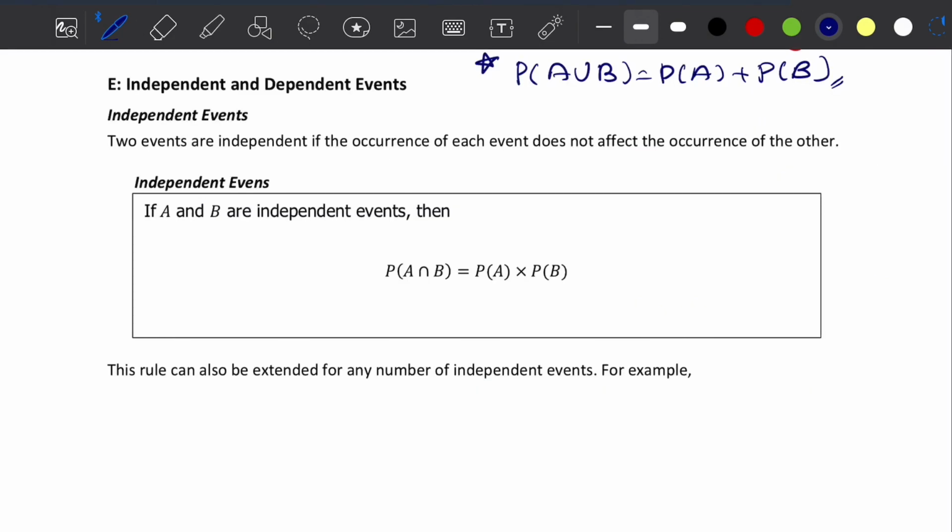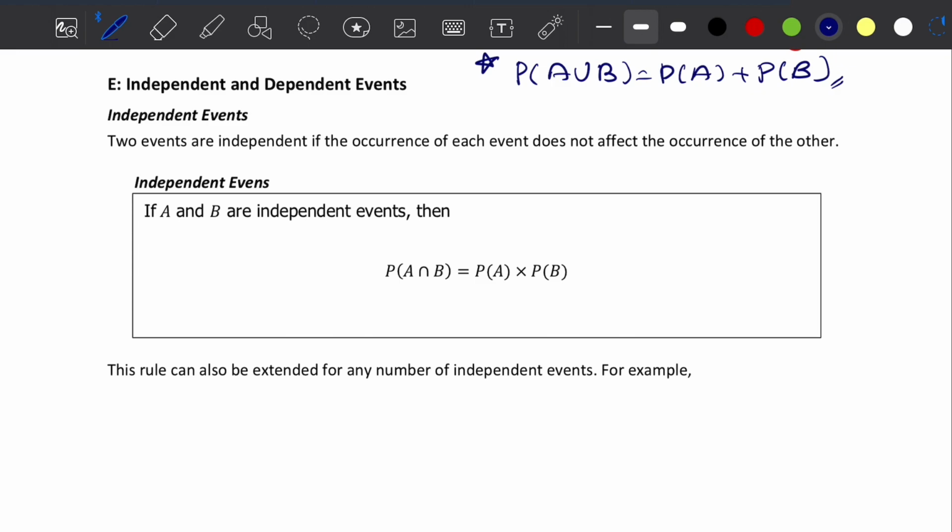Then let's talk about independent and dependent events. First of all, independent events are quite interesting. They are pretty similar to mutually exclusive events, however, they are different. When we have independent events, the events can happen at the same time, right?